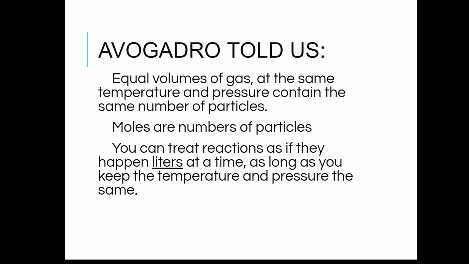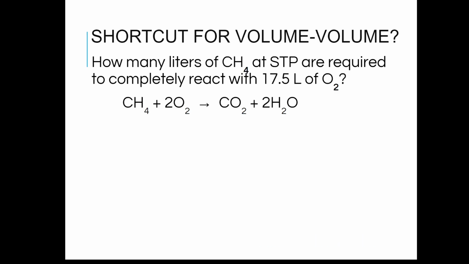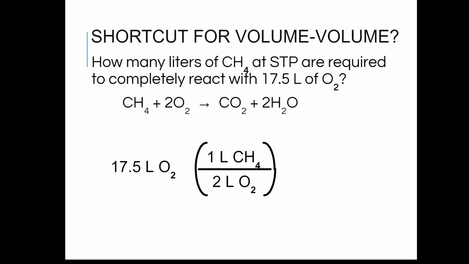And this is just the reasoning behind it, that equal volumes of gas at the same temperature and pressure all contain the same number of particles. Really revolutionized chemistry as a whole science, to be honest. And this right here is just showing you the shortcut method.